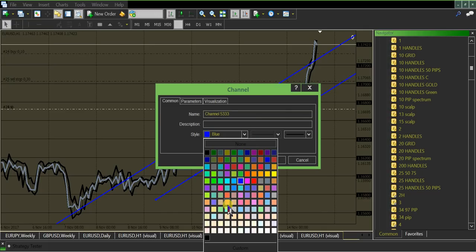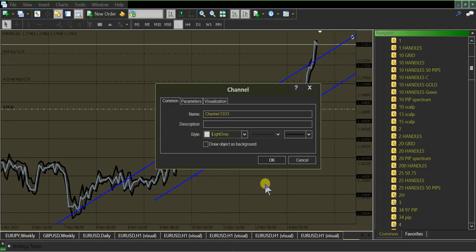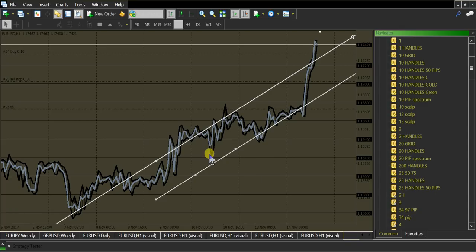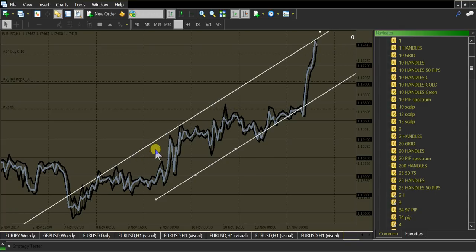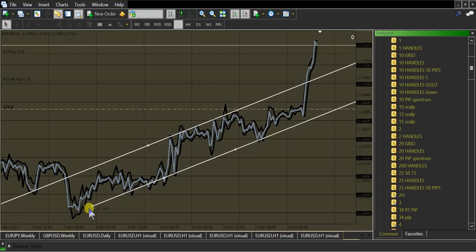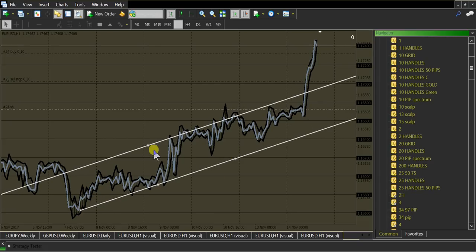I think it's over here. Navajo white, honeydew. These colors all look the same to me. Light gray. Looks like white. That's light gray. I don't know. Maybe my monitor's fucked.